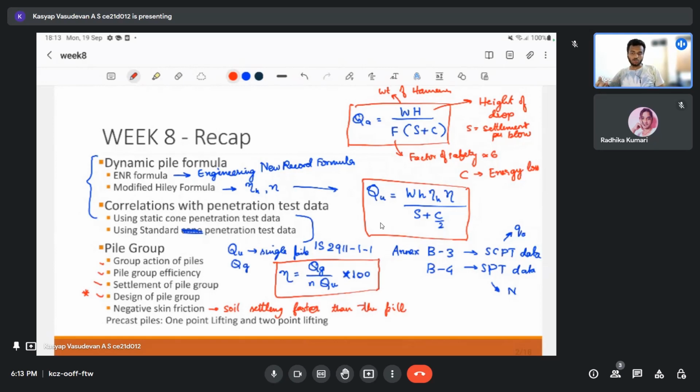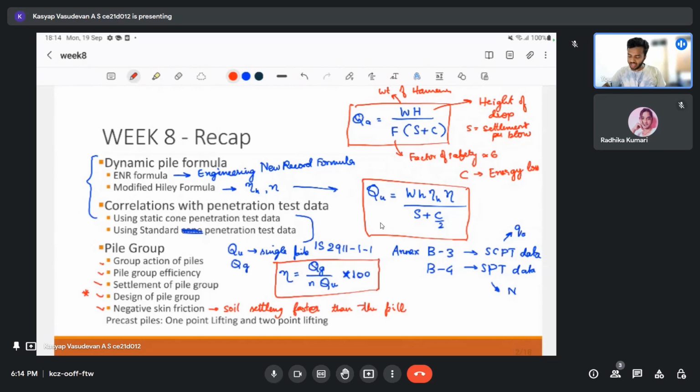So it adds on to the load and our capacity reduces. That has to be taken care of whenever we are dealing with such situations. Otherwise we'll end up overestimating the capacity, which is disastrous. So considering negative skin friction is very important. We'll solve a problem and discuss more on that.